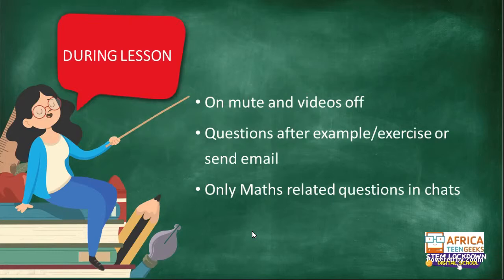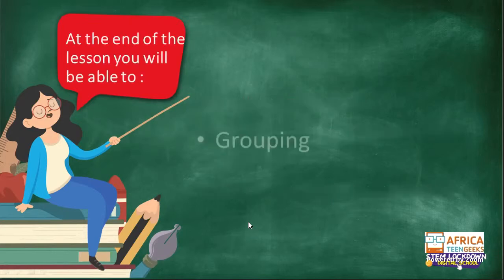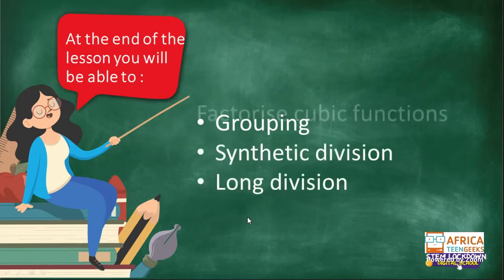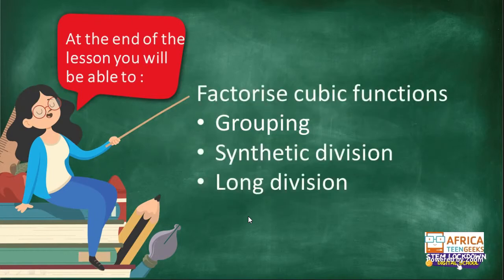So in today's session, we're going to factorize cubic functions using the grouping method, synthetic division, and long division. Because when we were doing problems, you were asking how we get the factors.